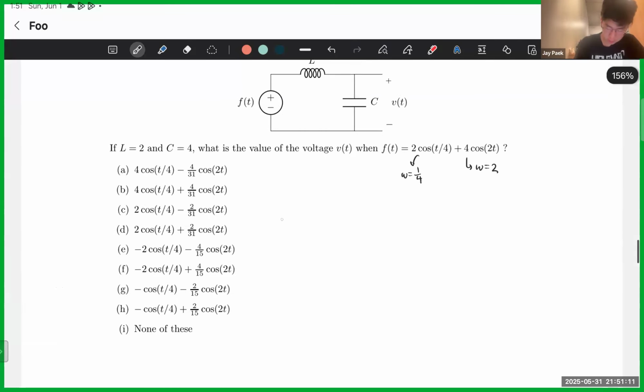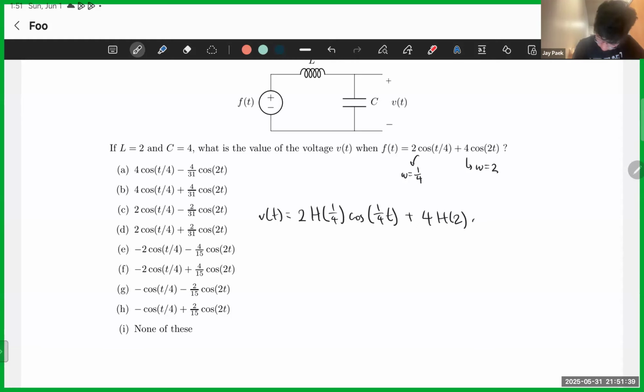Your initial gut reaction should be something like this: the output voltage is 2 times the transfer function evaluated at 1/4, cosine of t over 4, plus 4 times the transfer function at 2, cosine of 2t.